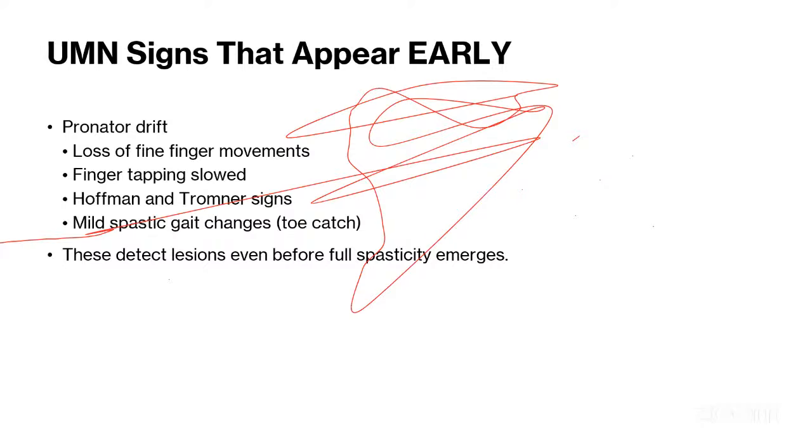And as you discussed, there will be a pattern of weakness which you can even tell on inspection sometimes, whether it's UMN or LMN. So if I ask you what basically is mass reflex, can you tell that? This is seen in spinal cord.